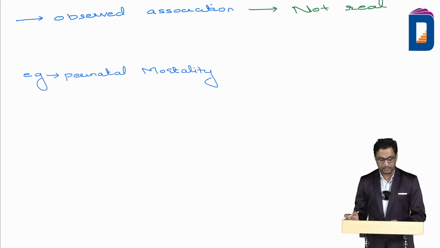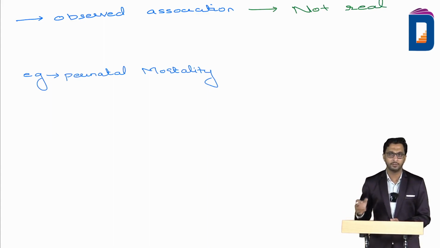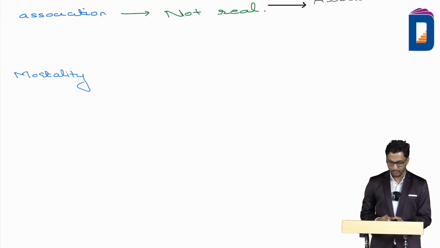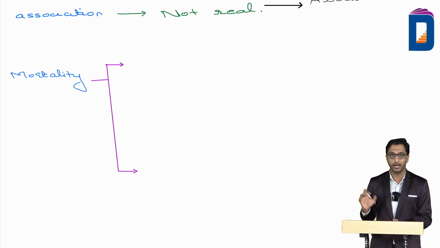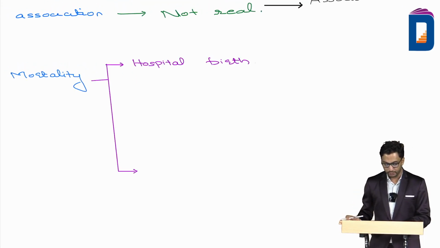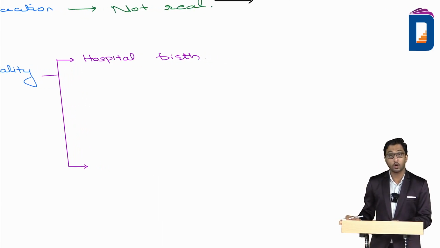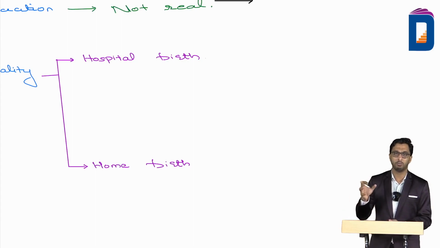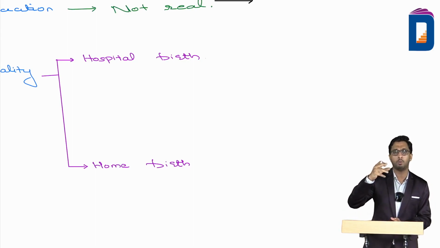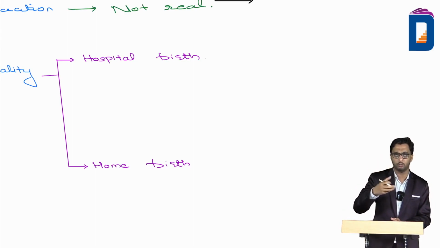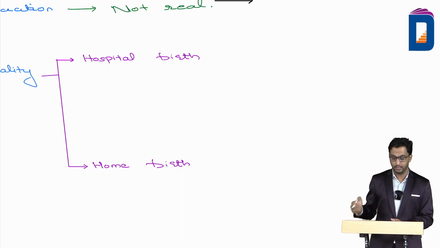Now take perinatal mortality, that is death of the mothers after giving birth to the child. In that case, we're going to study two cases: perinatal mortality in hospital birth and perinatal mortality in home birth. That is, how much is the perinatal mortality in home birth, the birth given at home, and how much in hospital.